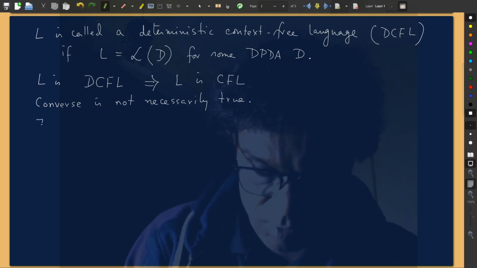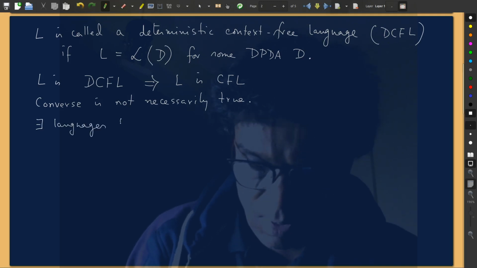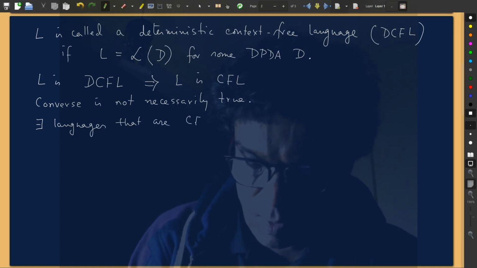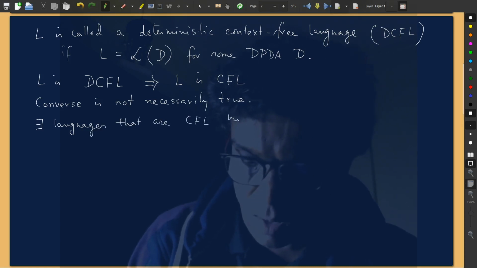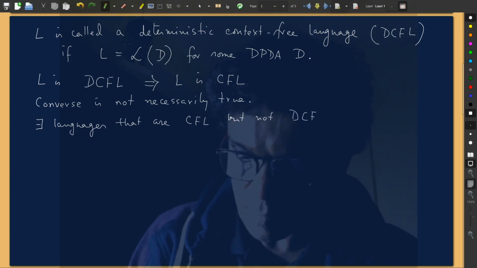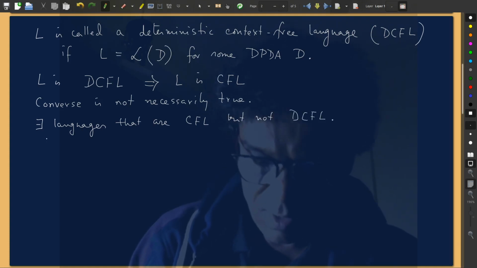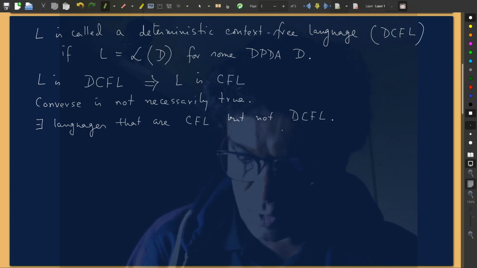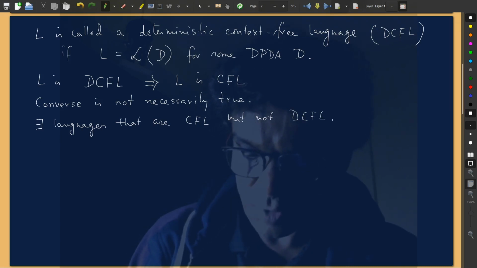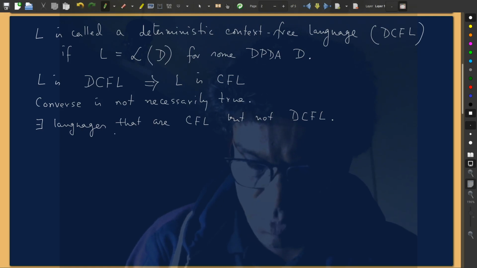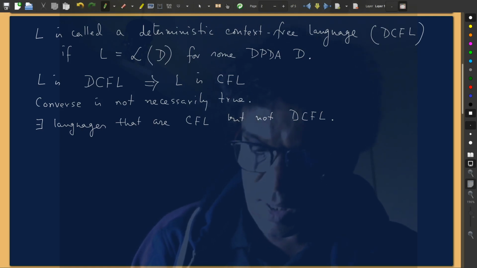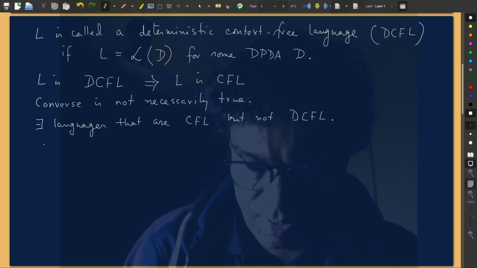So there exist languages that are context-free but not deterministic context-free. Why? For most of the rest of today's talk, I will prove this.